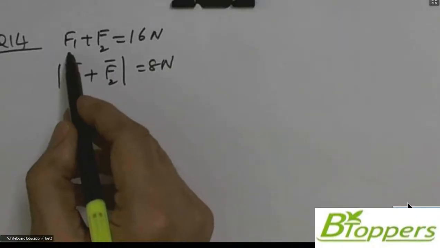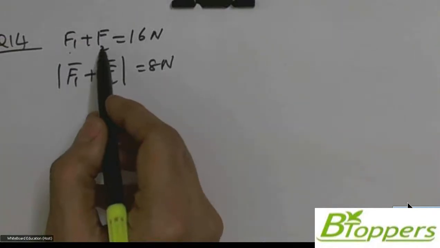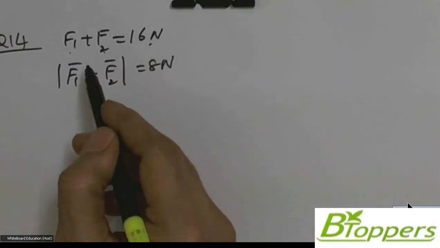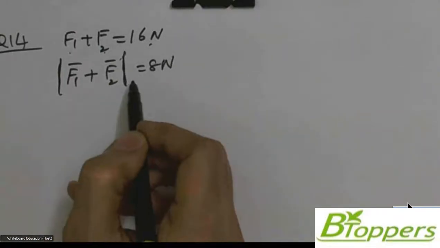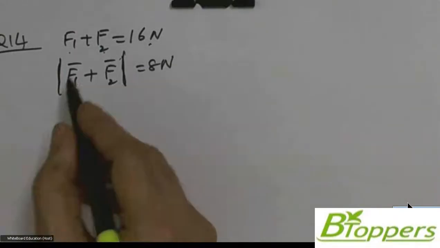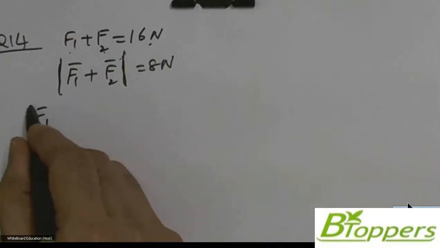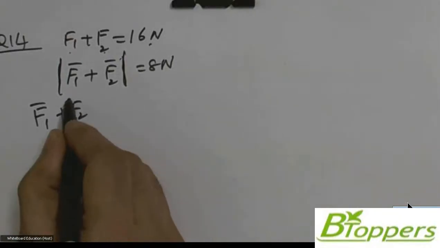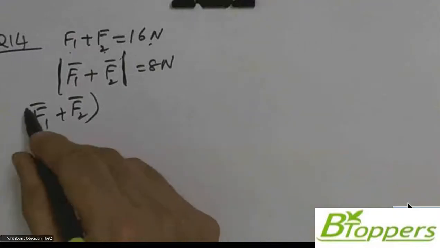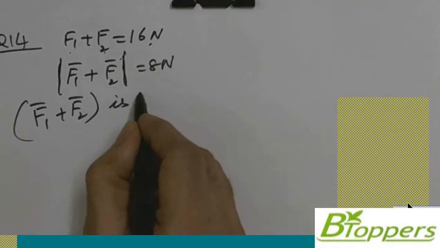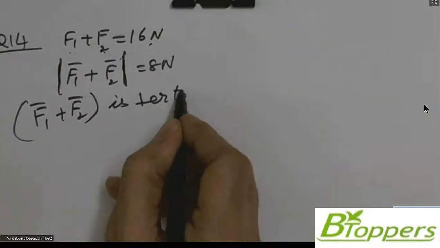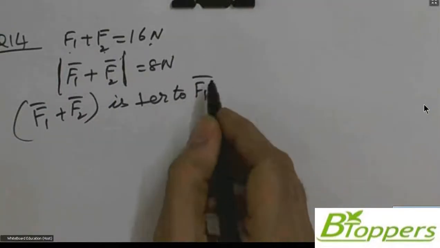So it's given that the magnitude of F1 bar plus the magnitude of F2 bar is 16 newtons. The magnitude of the vector sum of F1 bar and F2 bar is 8 newtons. And it is given that the resultant of F1 bar and F2 bar is perpendicular to the smaller force. Let F1 bar denote the smaller force.